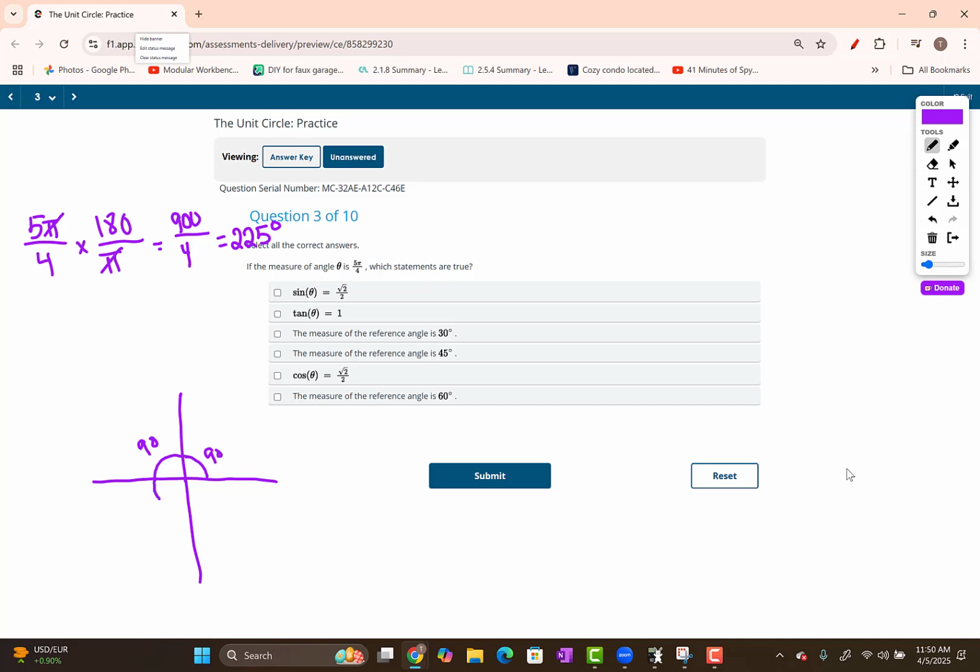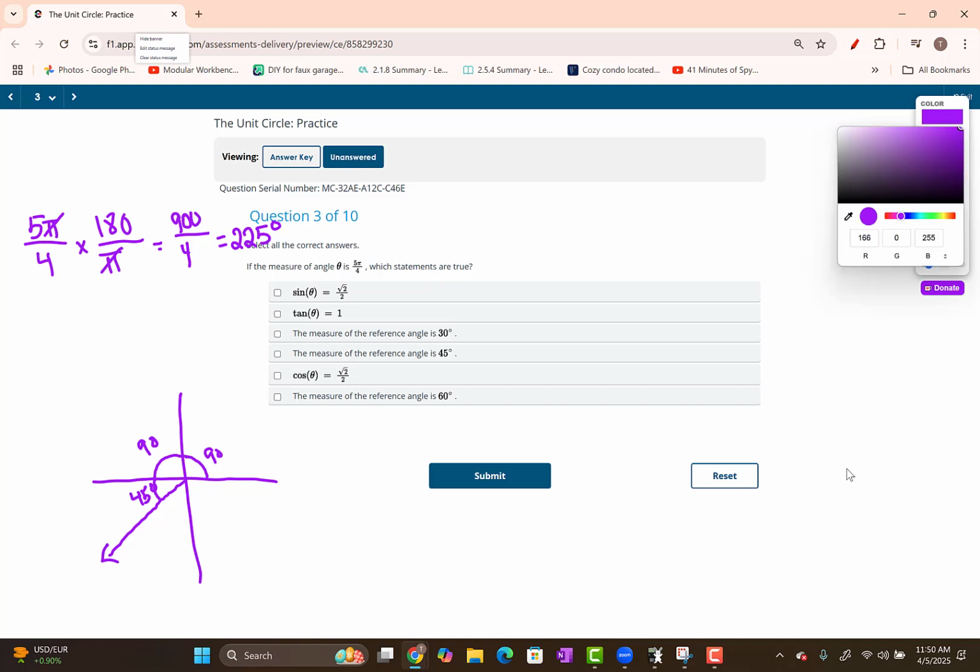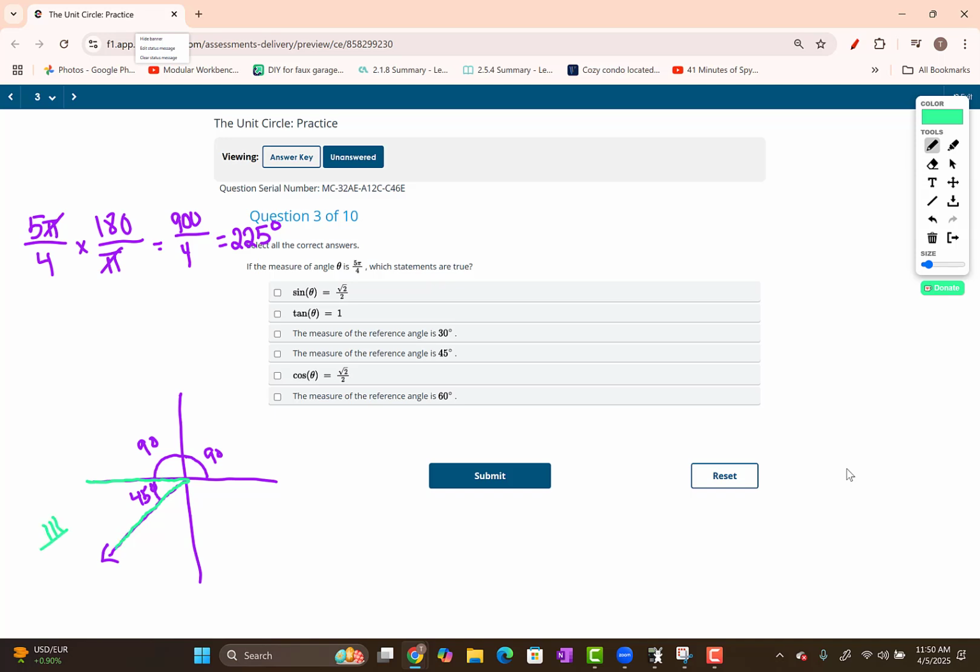So we know this angle is going to go an extra 45 degrees. The actual angle that we're looking at is this angle right here in quadrant number 3.